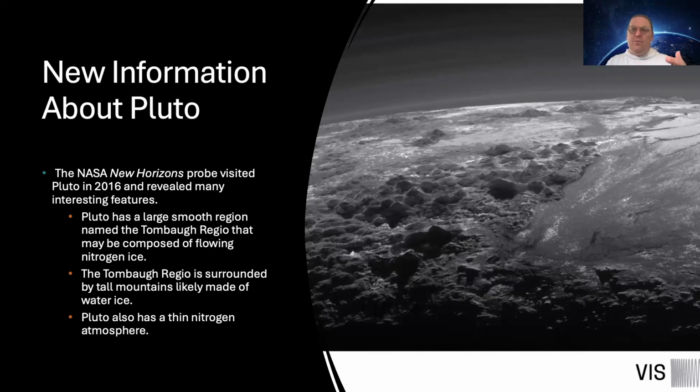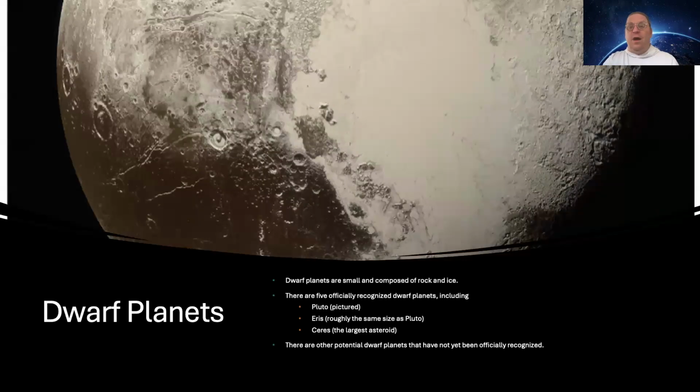You also have round mountain ranges, and you have cracks in them. In a way, it's more similar to the Earth's moon than Ceres is. But again, it is far more complex. No one was expecting this. Nobody was expecting Pluto to be this interesting in terms of its topography and its geology.